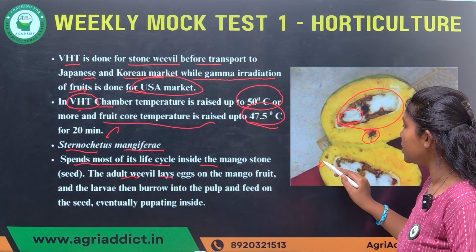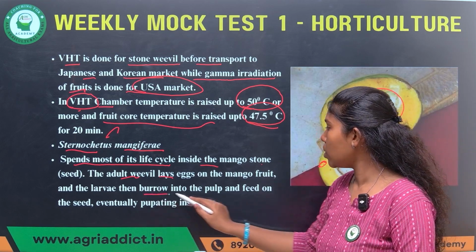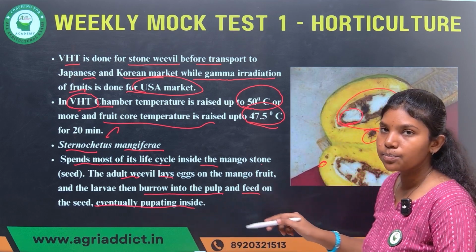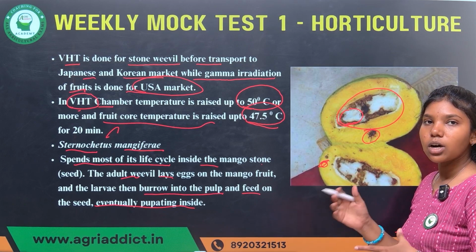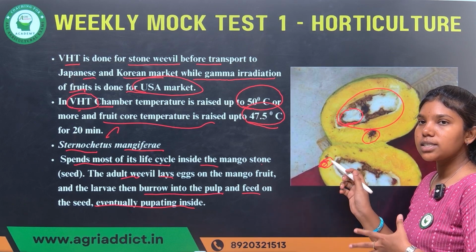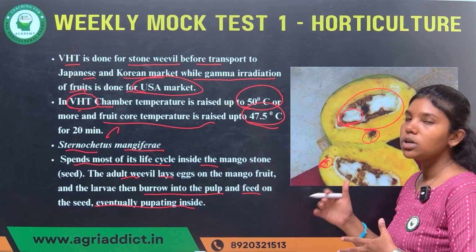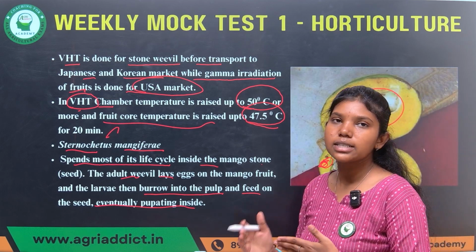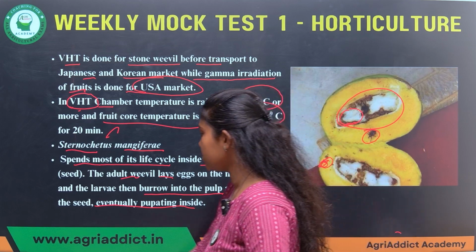Then the larva comes out from the egg, burrows into the pulp and feeds on the seed, eventually pupating inside. The larva causes damage to the fruit, thereby making it not suitable for export. Therefore, to reduce the damage caused by stone weevil, vapor heat treatment is done before exporting to foreign countries. We'll go to the next question.